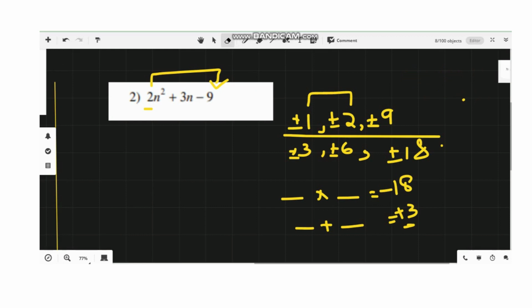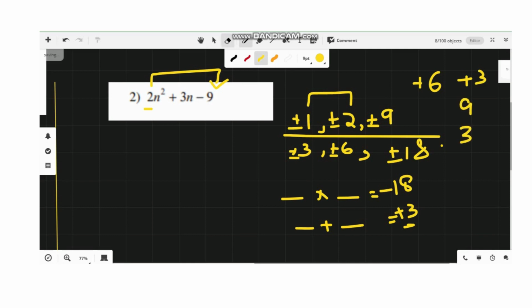Okay, if we use 6 and 3, 6 plus 3 is 9, 6 minus 3 is 3, yeah, 6 minus 3 is giving us 3, so we can change the sign. And second thing, now if I look at the number here, it's +3, so it means the bigger number contains the positive sign, the smaller number contains the negative sign. 6 times 3 is -18, 6 minus 3 is my +3, so we'll use +6 and -3.